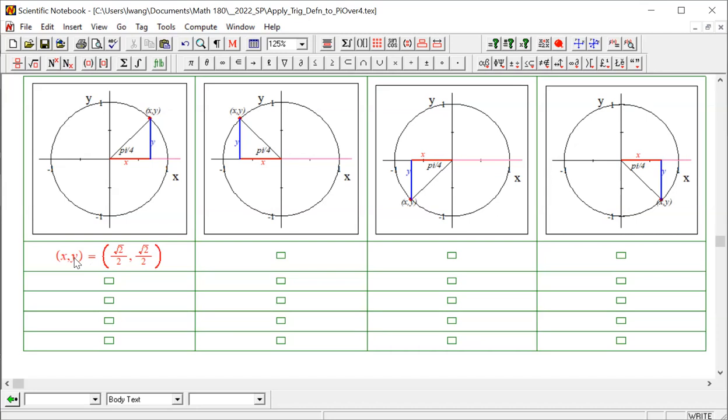So pick any point. Once this x, y is determined, then we know the function value for any one of them.